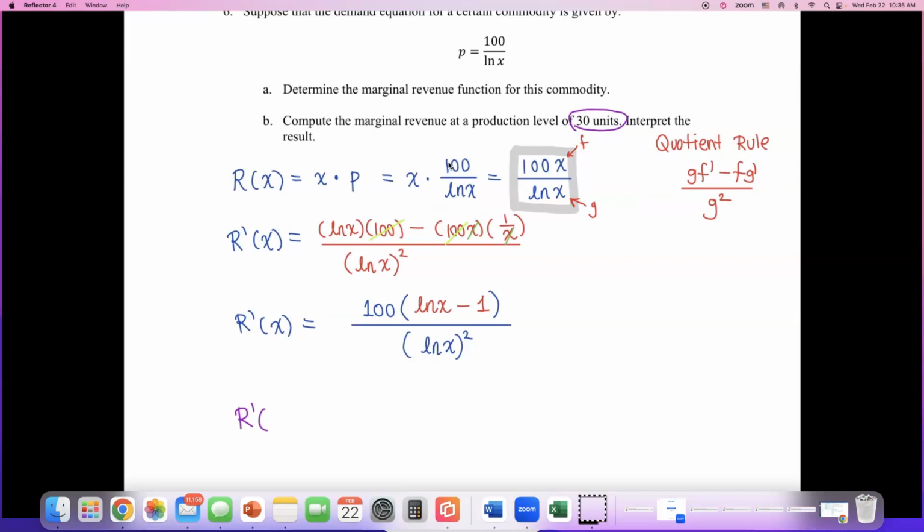R prime of 30 equals 100 times natural log of 30 minus 1, over natural log of 30 squared. I'm going to enter that into a calculator.